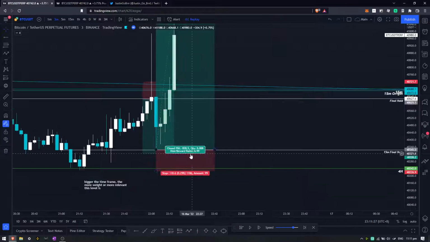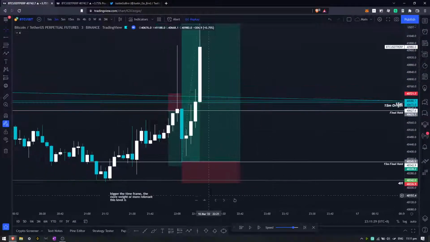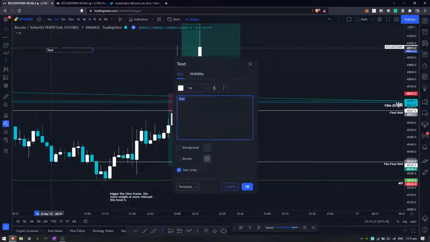So the way you compute for this is you look at your risk to reward ratio. So if I was risking $0.25, $0.25 times 7 would be equal to $1.75.